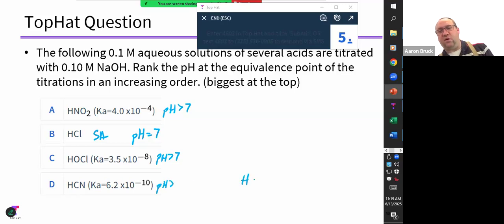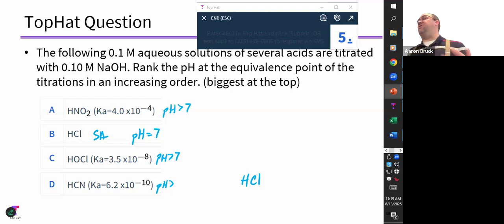So we know that HCl goes on the bottom. Now it's a matter of, do we understand the theory? And the theory is that conjugates are inverses of each other. The stronger the acid is, the weaker its conjugate base is going to be, which would mean it'd have less of an impact on pH.